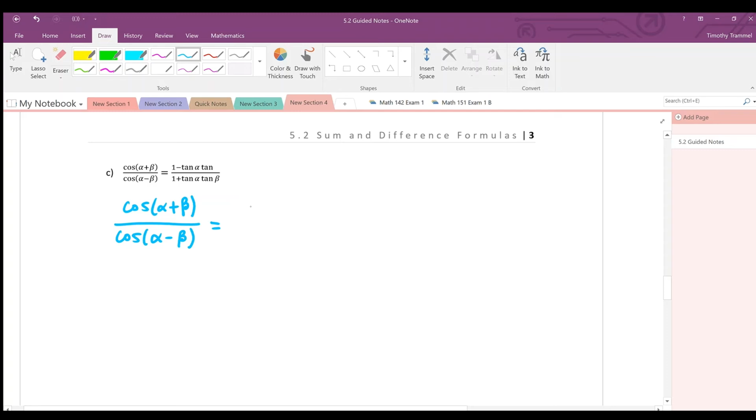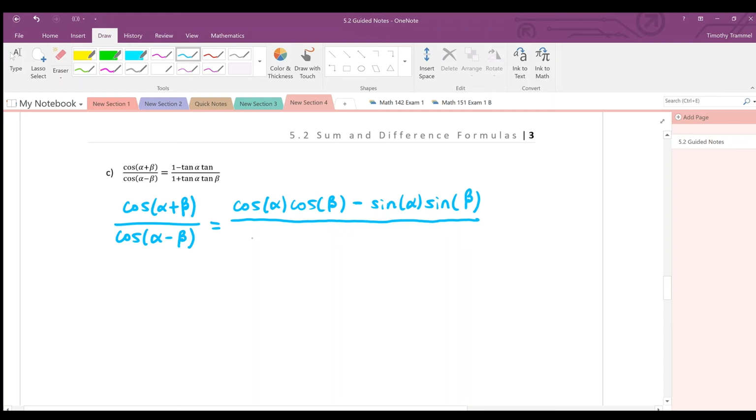This should be cosine of alpha, cosine of beta, then the opposite sign in here, and then sine of alpha, sine of beta. And then this is all over, and we're going to use one of these new trig identities for the cosine of alpha minus beta as well.